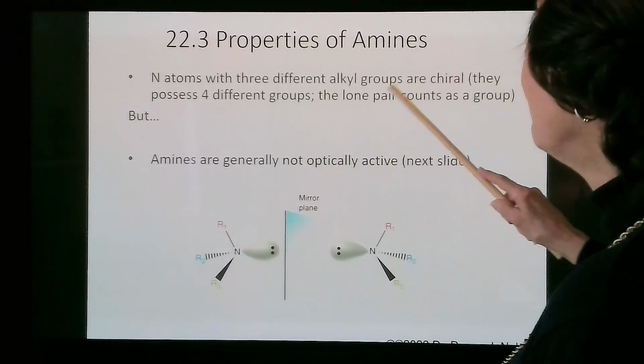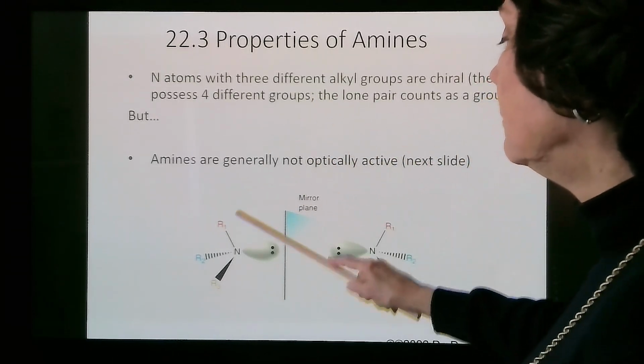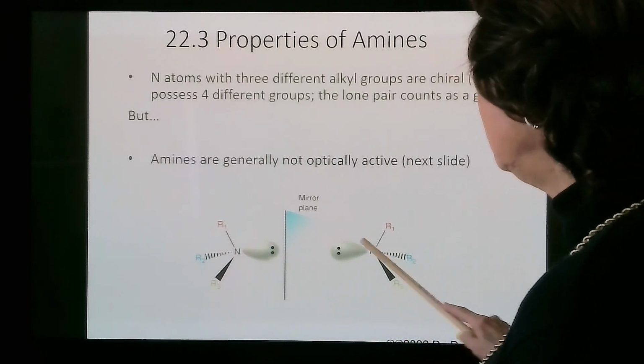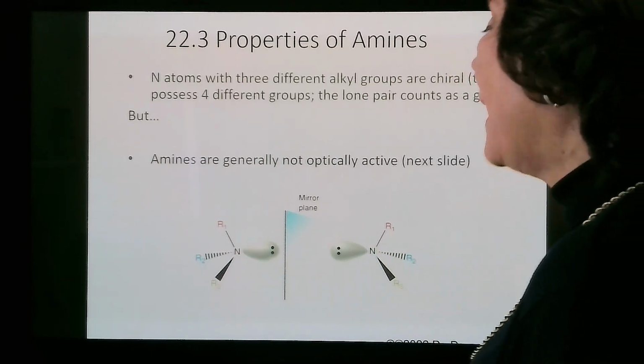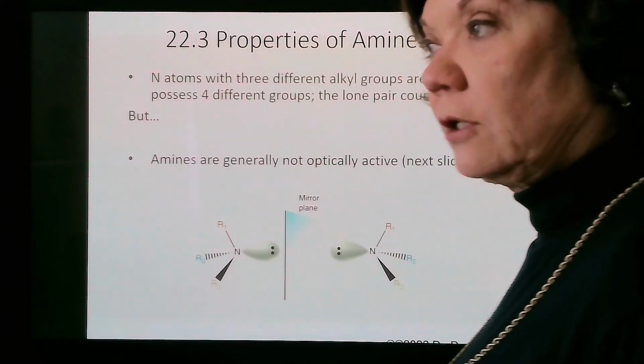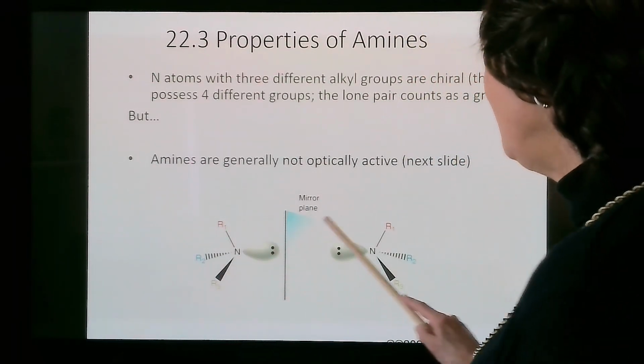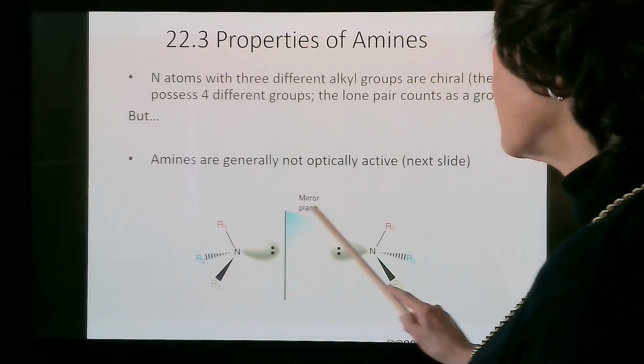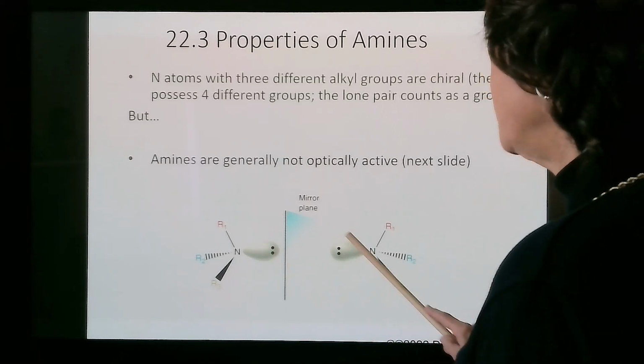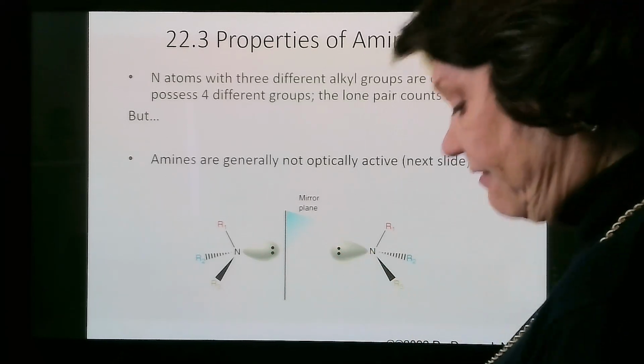Nitrogen atoms with 3 different alkyl groups are chiral. Here you can see the chirality, but they're not optically active because the energy barrier for inversion is very low.